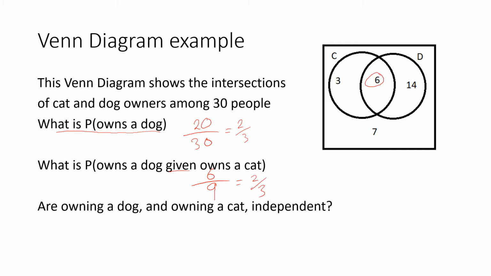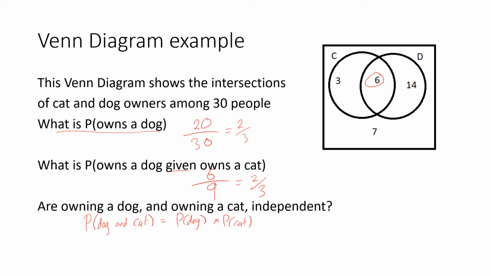So that's also 2/3. Now we want to know, is owning a dog and owning a cat independent of each other? Do they affect each other or not? Well, let's go back to our definition. They are independent if the probability of owning a dog and a cat is equal to the probability of owning a dog times the probability of owning a cat.